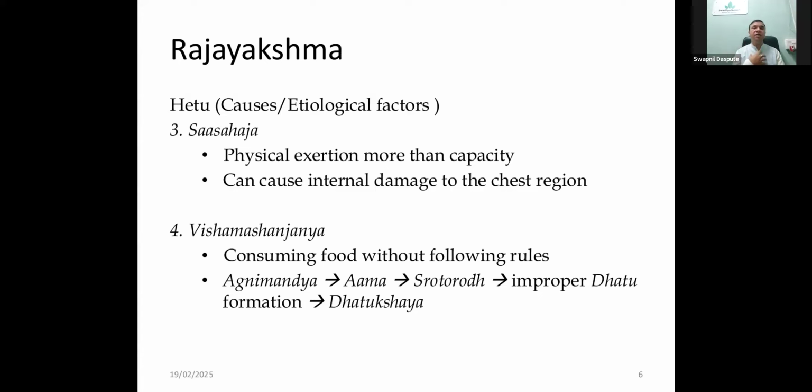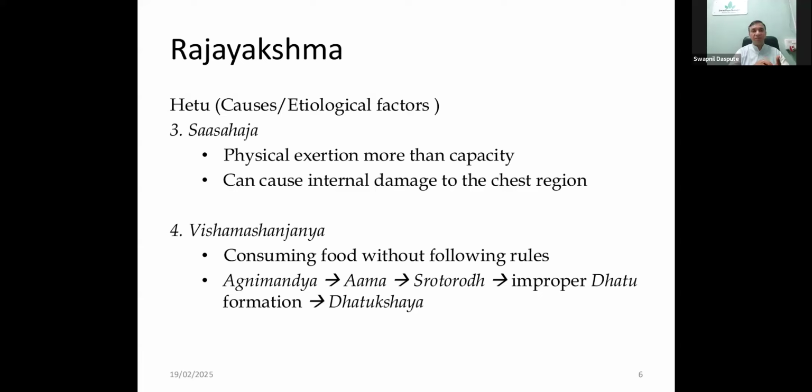Where are they located? In the ura, the chest region. So it can cause internal damage to the chest region, urakshata. Urakshata, internal trauma to the ura or the chest region, is urakshata. So we understand why it is the chest region, internal damage.